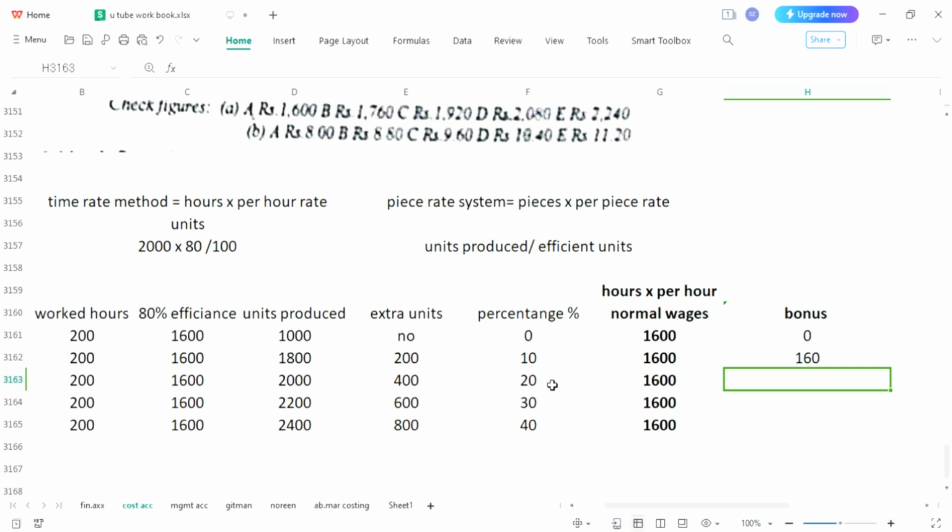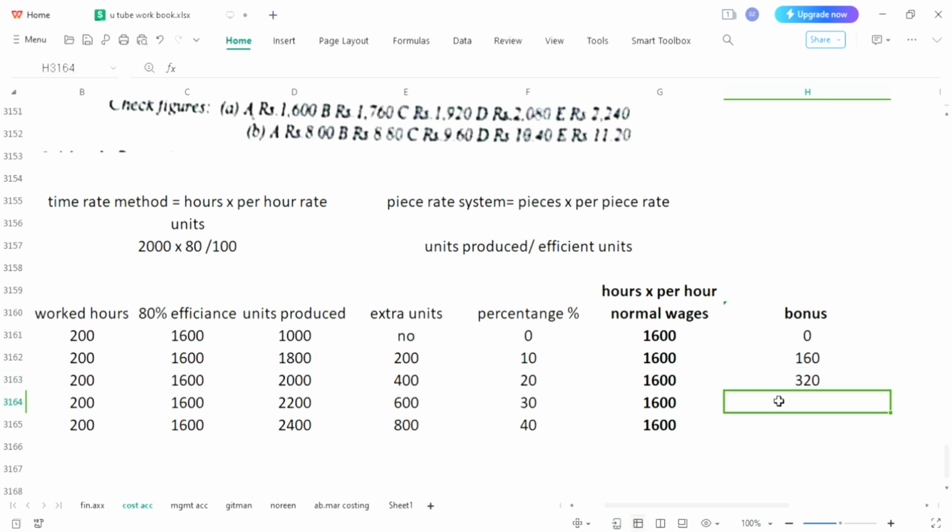Since worker C had produced 20% extra, normal wages were 1600 and you need to calculate 20% extra bonus. Understood? For 1% increase, 1% bonus. Here he had increased 10% production, so 10% bonus. Worker C 20% extra production, so 20% would be given as bonus.